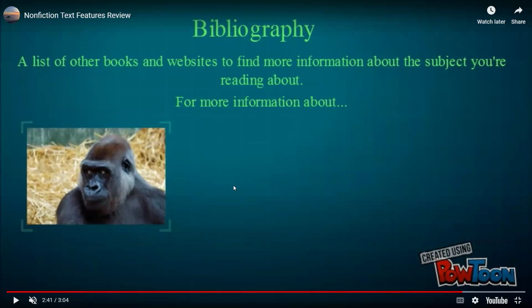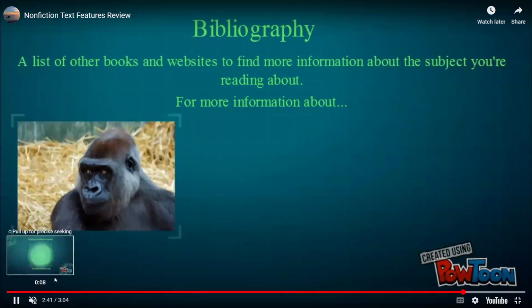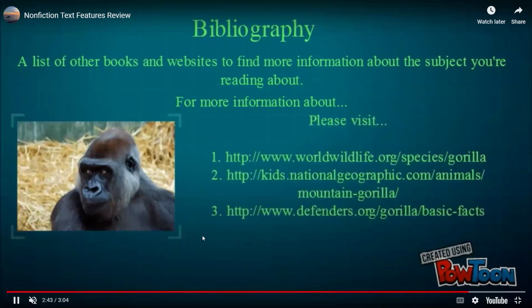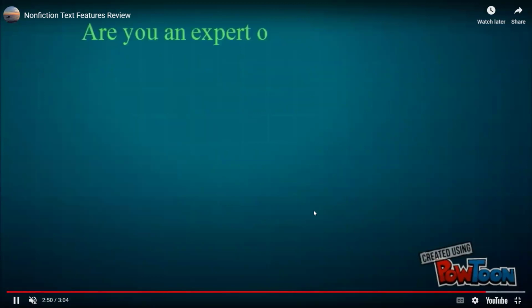So if you were reading a book about the stars and they put, I don't know, a book by NASA, for example, in the bibliography, that means the author probably read all or part of that book to get some of their information. So then if you wanted to read more, you could go to that source as well. Oh, and of course, also internet links, which are tricky because sometimes they'll go dead on you.